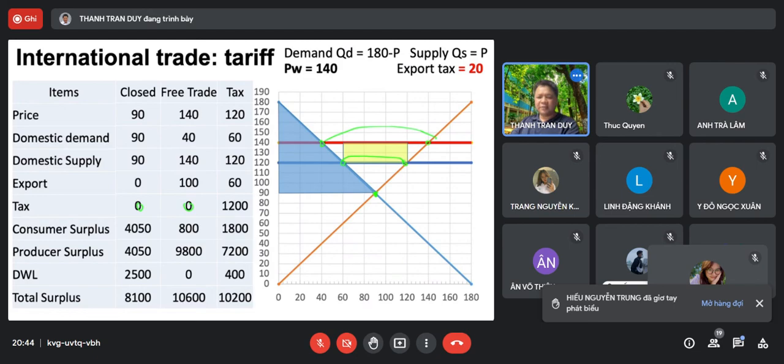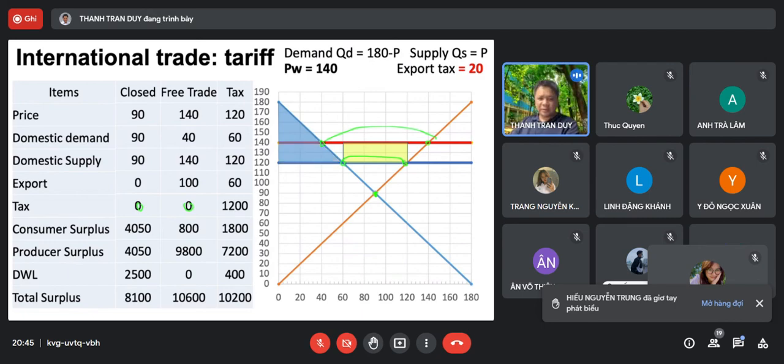All right. Now, this is the case of the closed economy. If we have free trade, this is consumer surplus, and this is the tariff. In the case of tariff, this is the consumer surplus, right? Okay, make sure this one is tariff, and this one is free trade. This one is tariff, right?